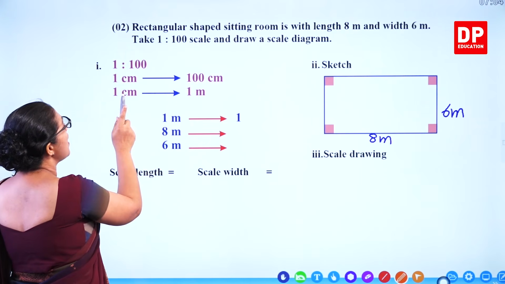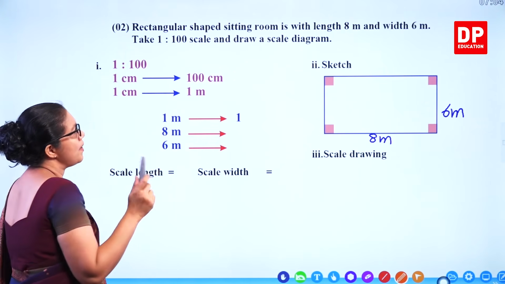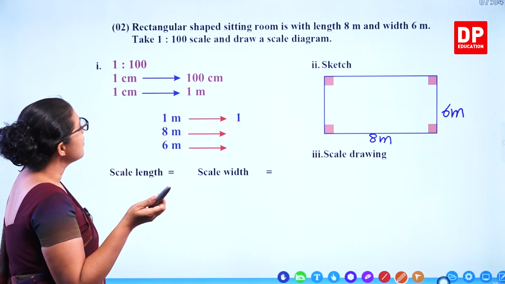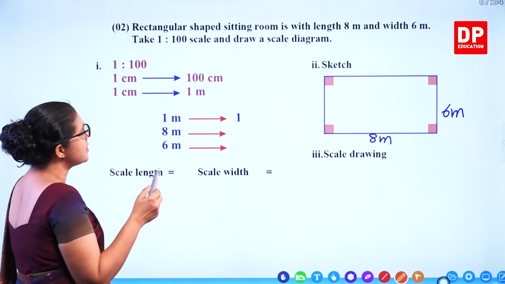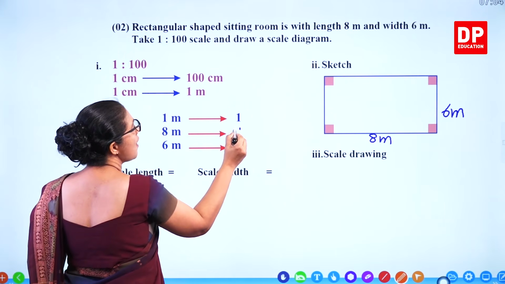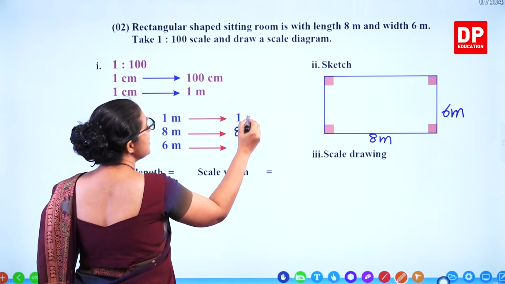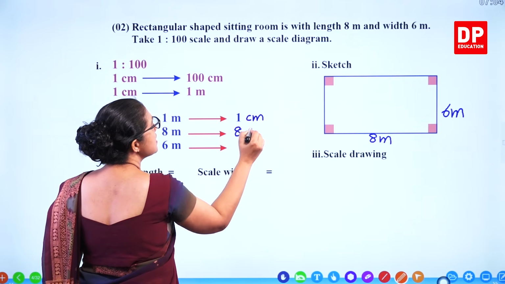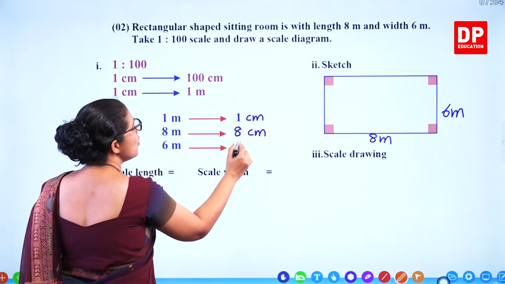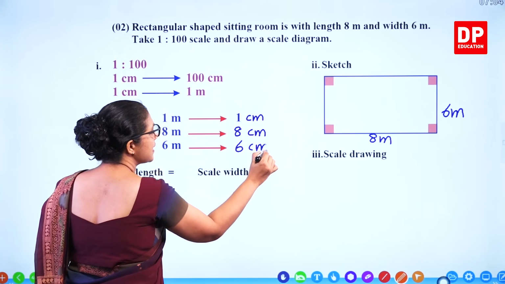So that means 1 centimeter is 1 meter, 100 divided by 100. Now we need to convert 8 meters. So what about 8 meters? That means you have to take 8 centimeters. If this is 6 meters, you have to take 6 centimeter length.